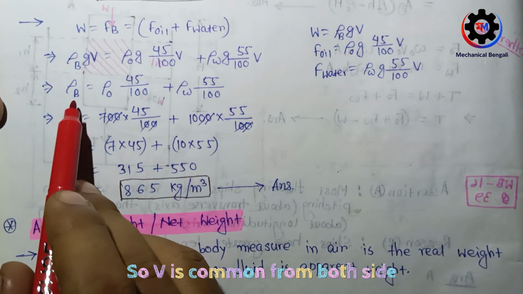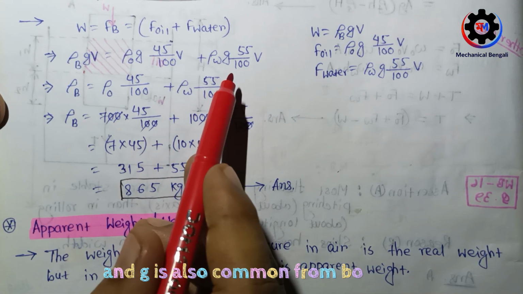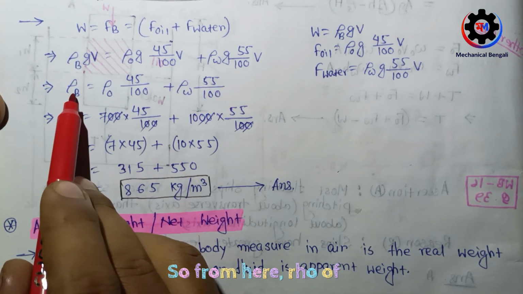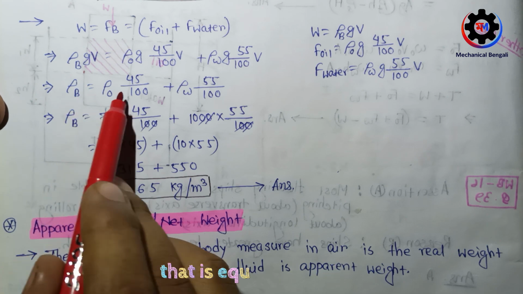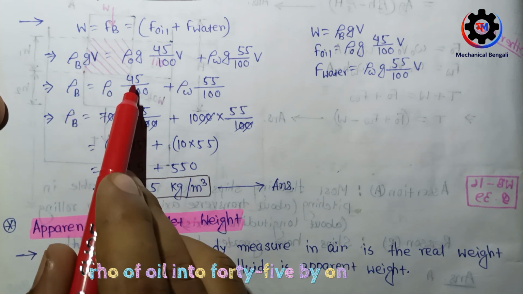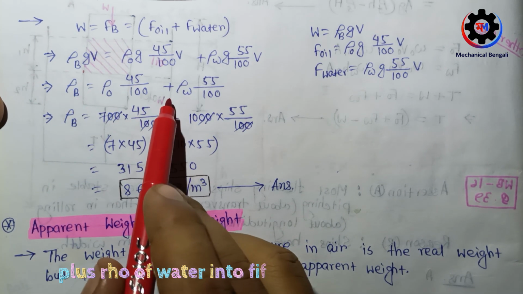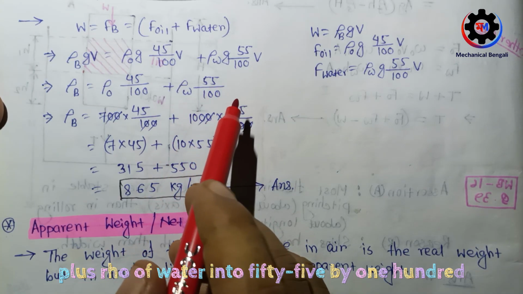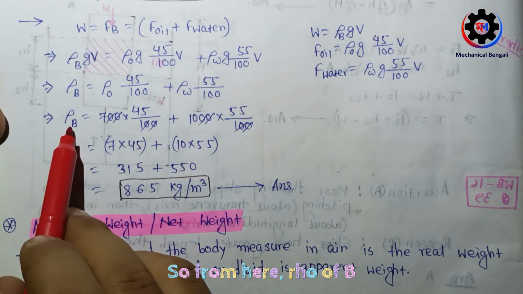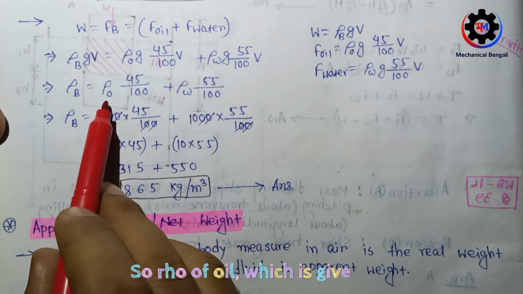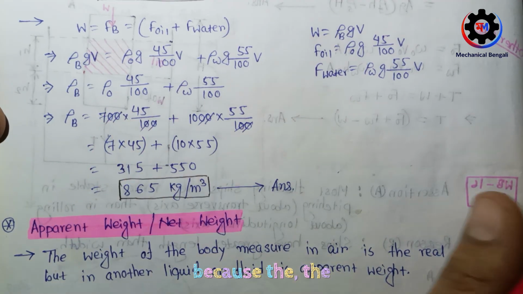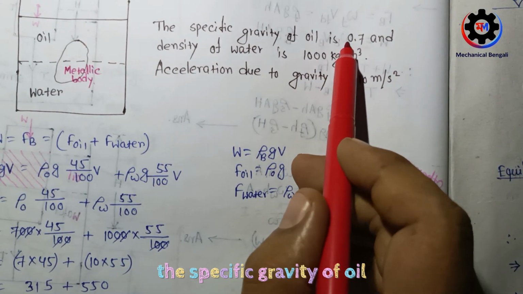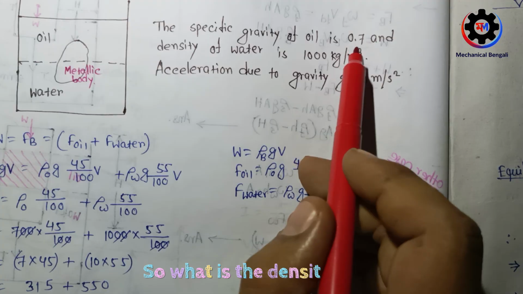V is common from both sides and g is also common from both sides. So from here, rho of b is equal to rho of oil into 45 by 100 plus rho of water into 55 by 100. Rho of oil is given because the specific gravity of oil is given as 0.7. So what is the density of oil?